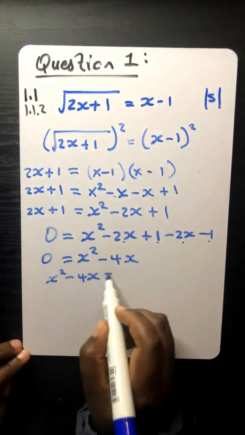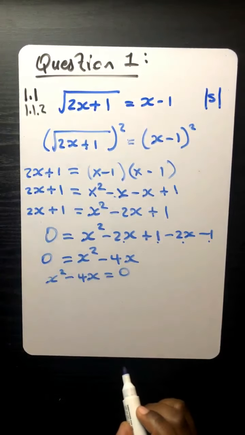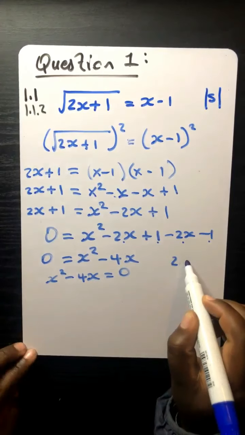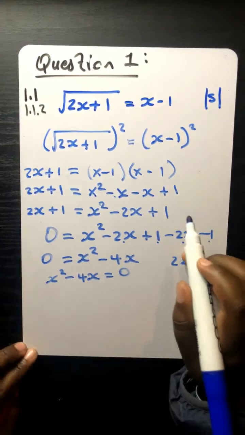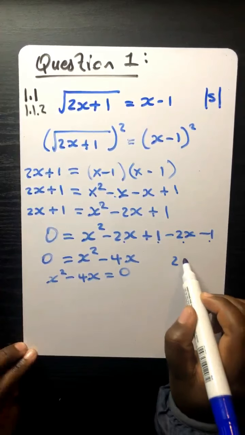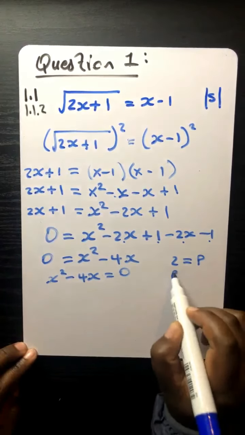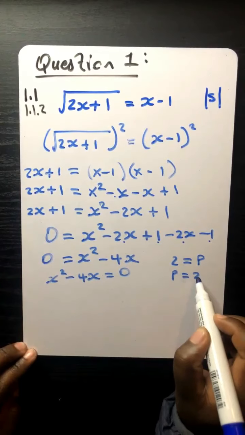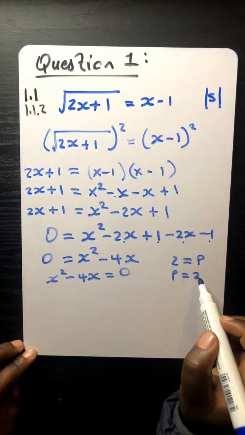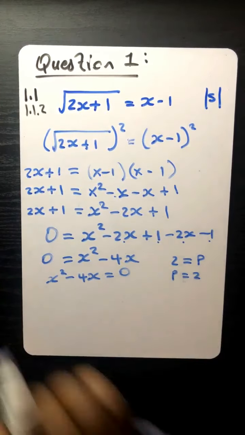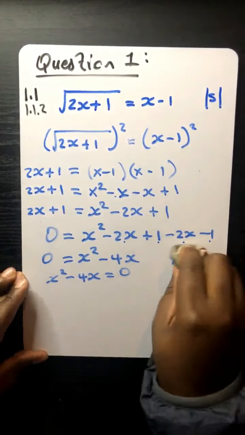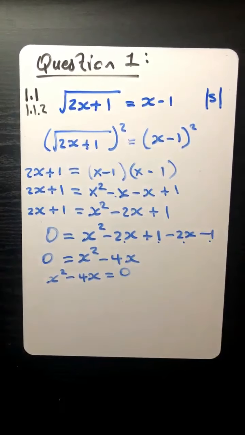By that, I mean you can rewrite it like that so that it makes sense. It's more like you're saying 2 is equal to P, so that means P is equal to 2. It doesn't matter whichever way you write it, but just make sure that everything remains as it is in terms of the signs. Massively important.